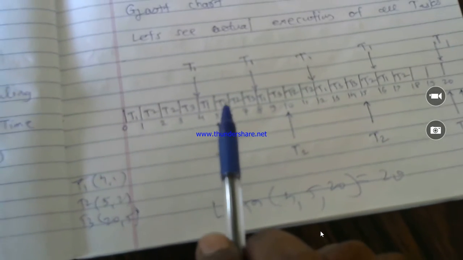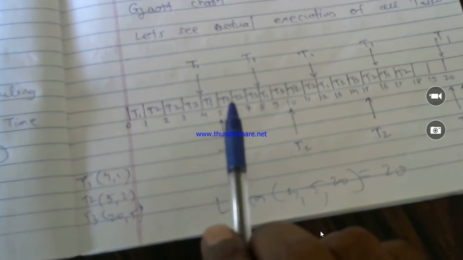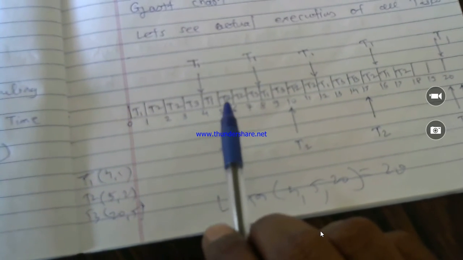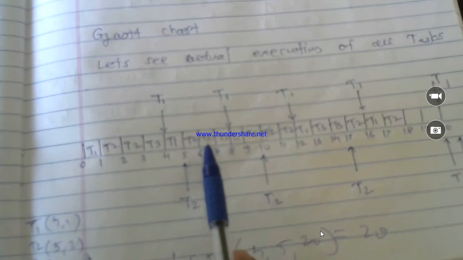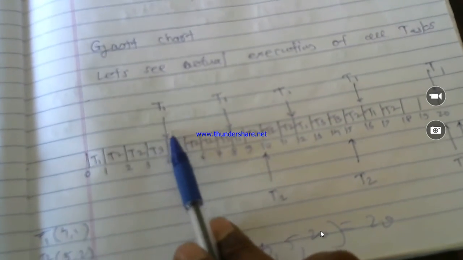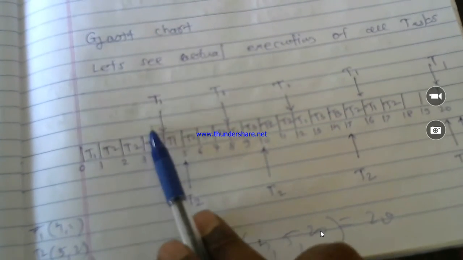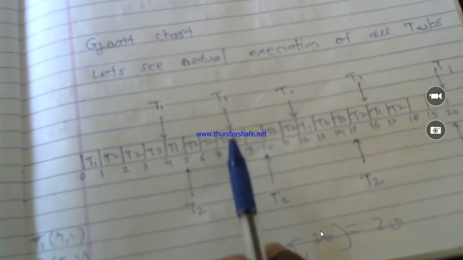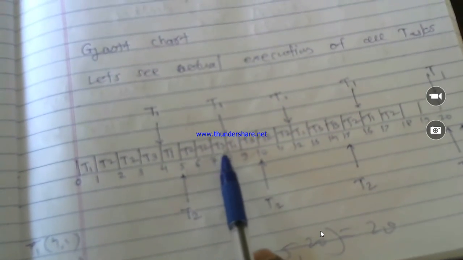So resources will get allocated to T2, not T3. So I am going to write T2 here, T2 and T2 over here, T2 and T2 over here, T2 and T2. Then next, can I write T1? No, because we are processing between 4 to 8 and I cannot repeat T1. So I have written T3 over here, T3.